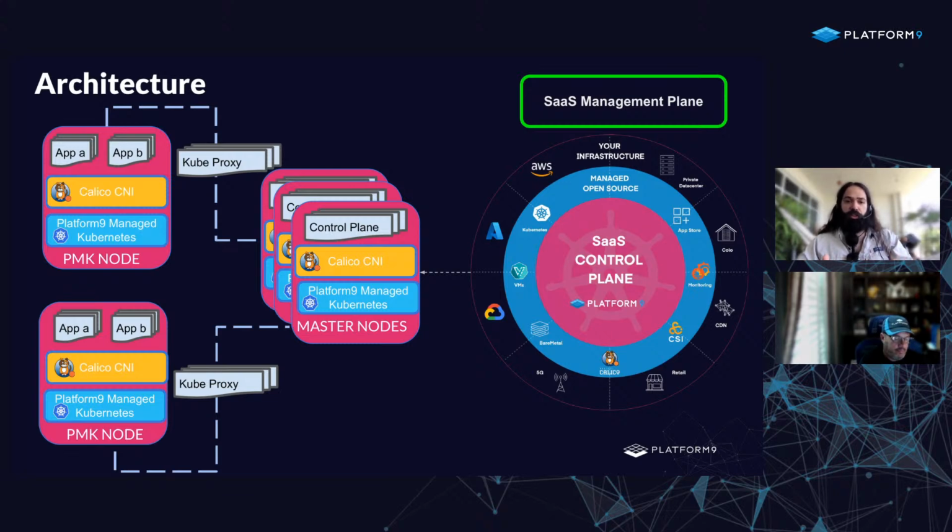On the left side, you see the typical architecture, which will have three master nodes, two or more worker nodes, along with your kube-proxy. You have some applications deployed over there. The main topic of this webinar is Calico CNI and how we interact with it.